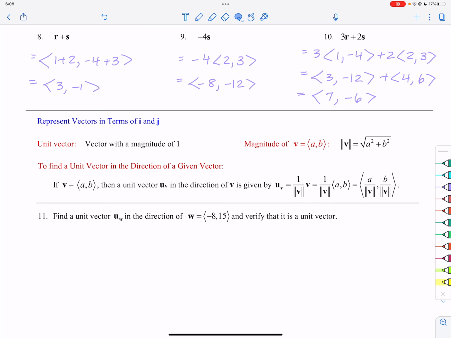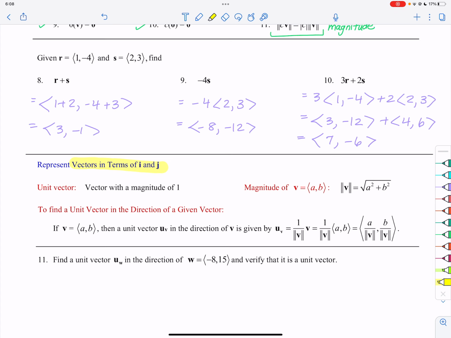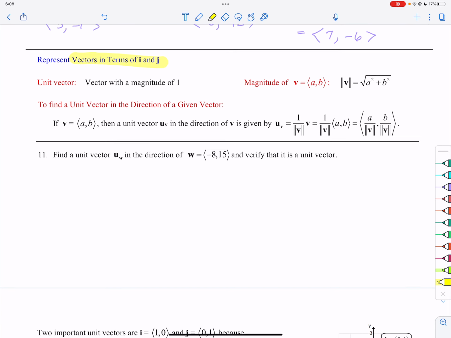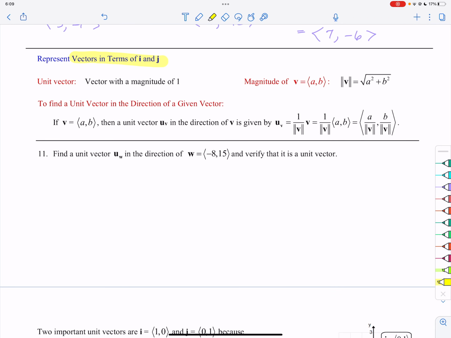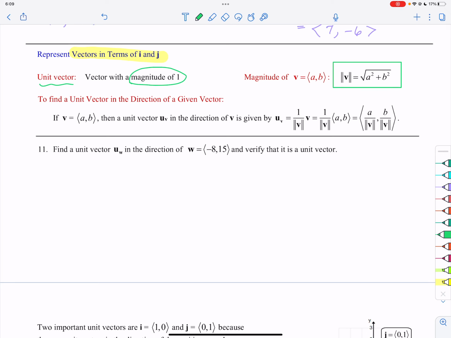Okay, now we're going to represent vectors in terms of i and j instead of component form. So the unit vector is the vector with magnitude 1. That is what we call a unit vector. And the magnitude of any vector AB in component form is the square root of a squared plus b squared.